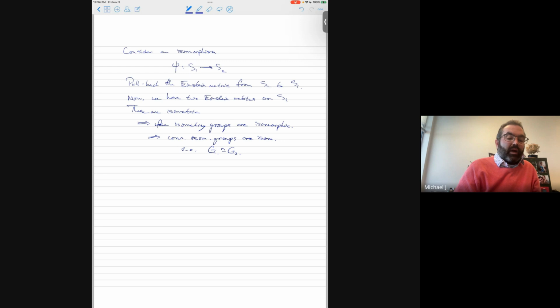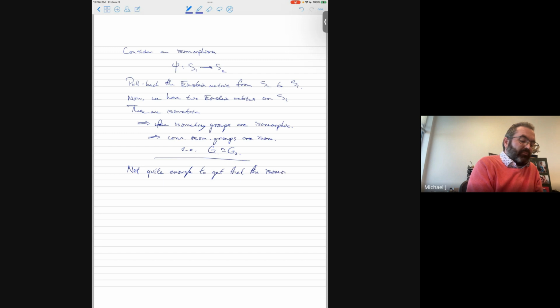So I should say this is not quite enough to get the last part of the theorem. So what was the last part of the theorem? Not quite enough to get that the isomorphism between the S's is induced by the isomorphism between the G's.